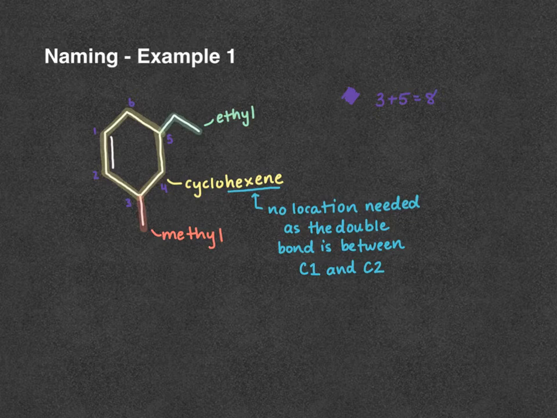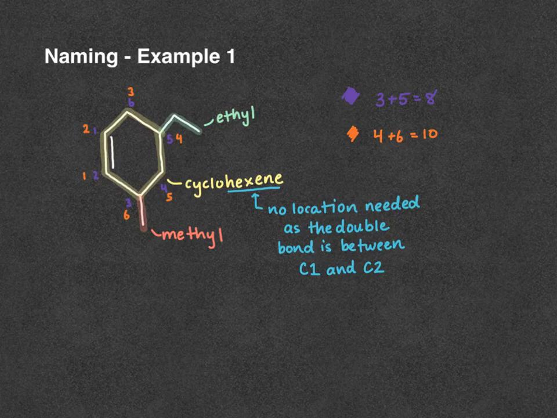Another option we could have is starting at the bottom carbon of our double bond and then rotating clockwise. So these orange numbers that I'm drawing now. And with our orange numbers, the sum of our locations is 4 plus 6 equals 10.